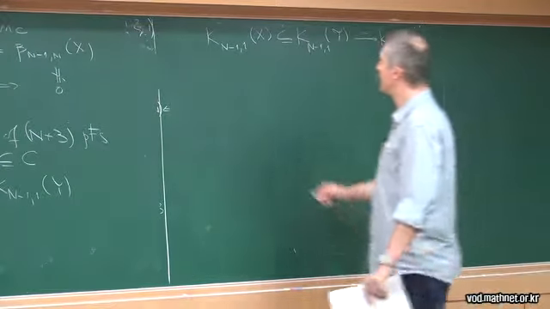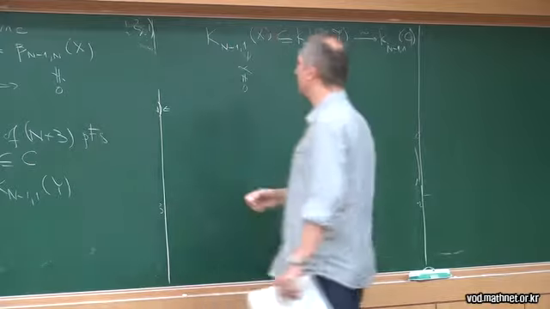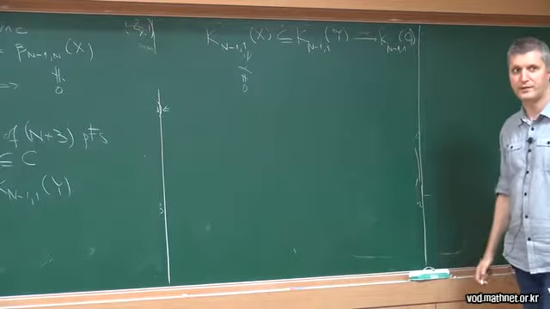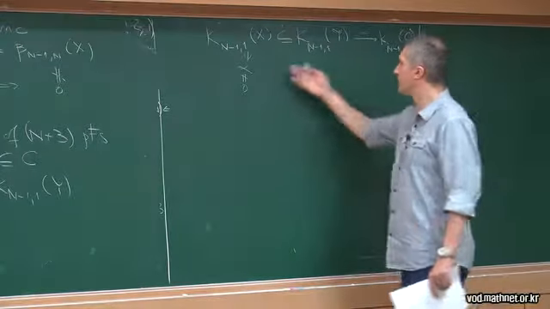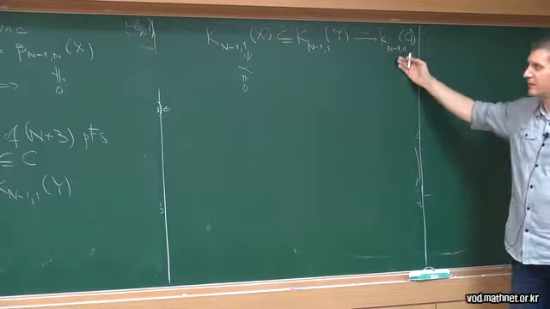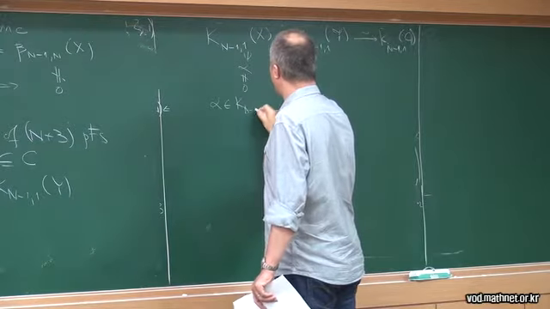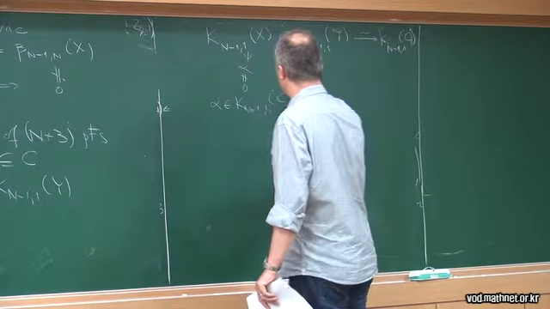Now if we take alpha different from 0, which is a syzygy of X, then this will be a syzygy of Y, which will be a syzygy of C.